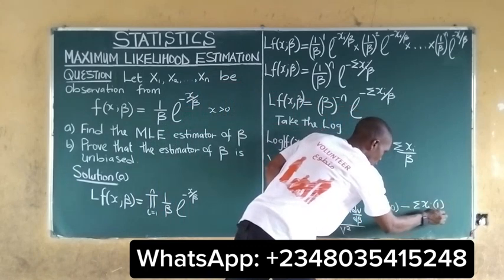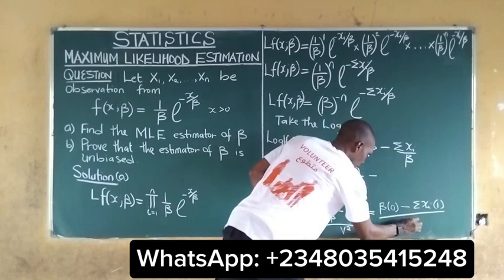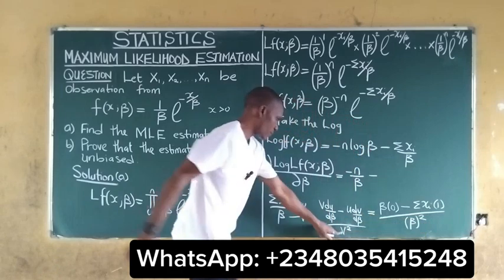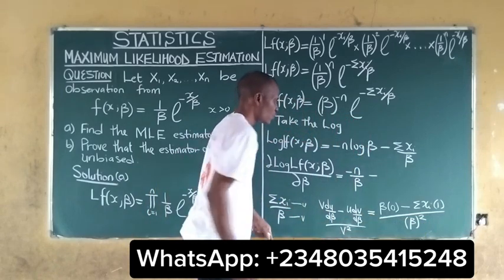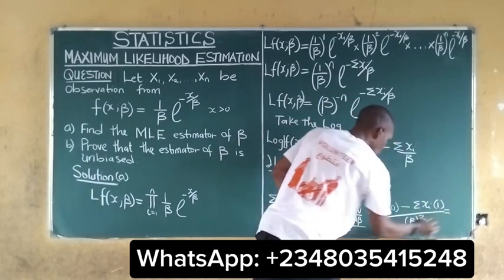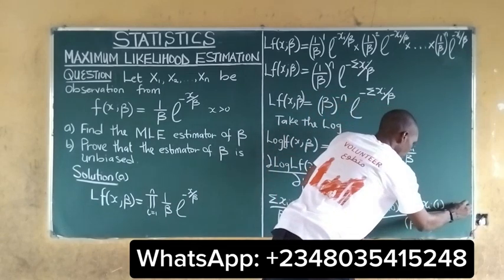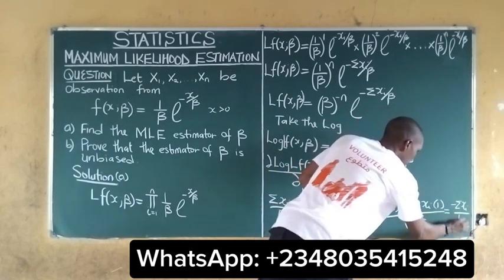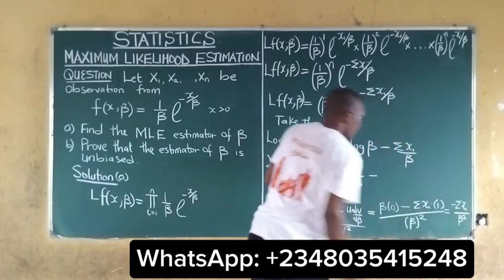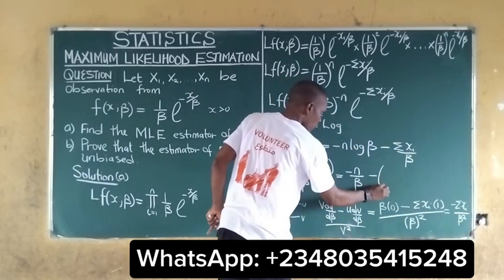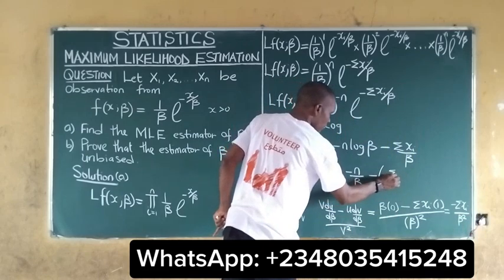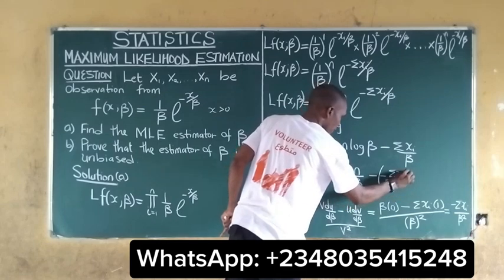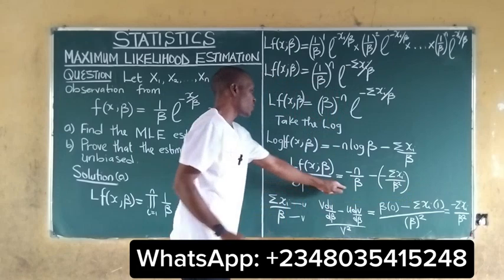So we have 1 all over beta squared. So what we have will be equal to minus summation of xi all over beta squared. We have negative summation xi all over beta squared. We have succeeded in differentiating this.